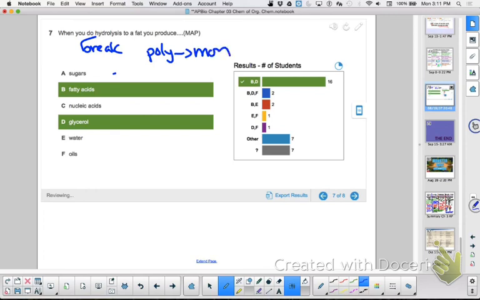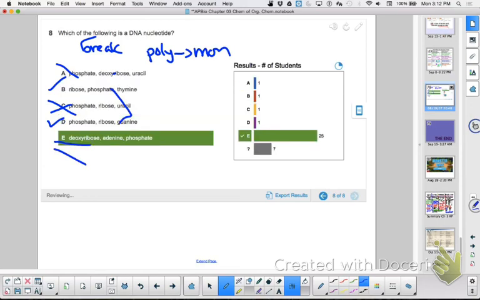So when you do hydrolysis to a fat, do you make sugars? No. Do you make fatty acids? Yes. Do you make nucleic acids? No. Do you make glycerol? Yes, because these two together will make a fat. Water, do I produce water? No, I require water in order to do it, and not oil.